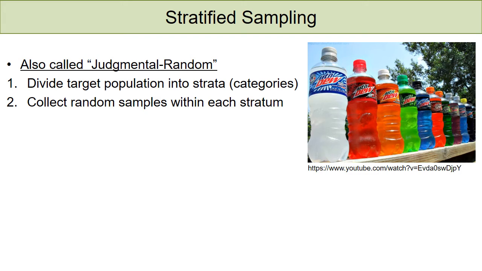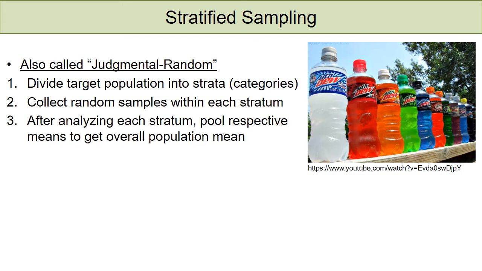So you're going to take the Mountain Dew Code Red, and you're going to go through and get a whole bunch of bottles, lay them out in a grid, go through the steps of assigning numbers to each bottle, and then doing the random number generator to pick the bottles. Okay, so you still have to do the full out random sampling plan there within each stratum.